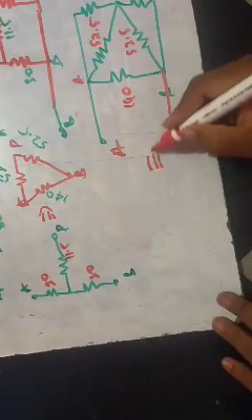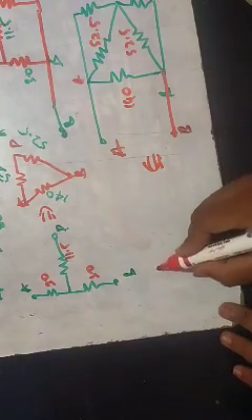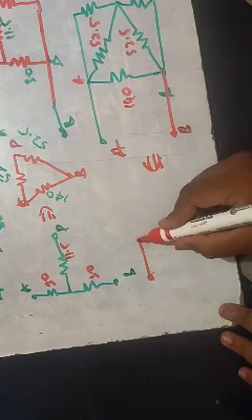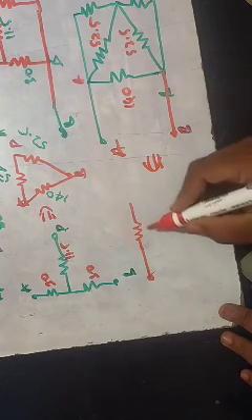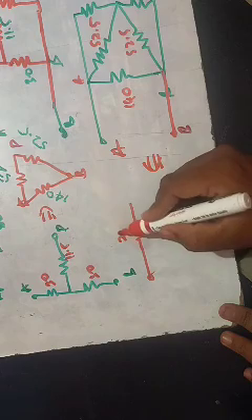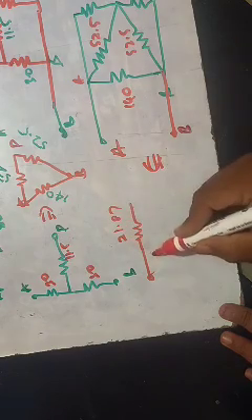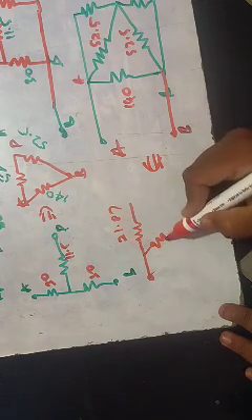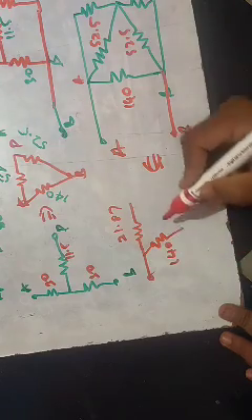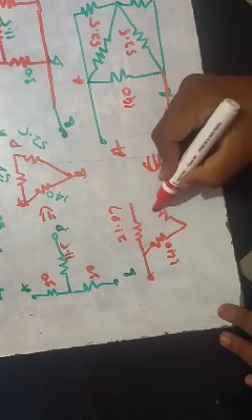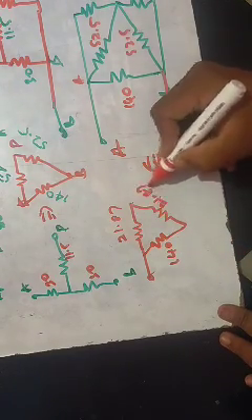I'll rewrite this diagram. This is 21.87, this is 140 as it is, and again this is 21.87.